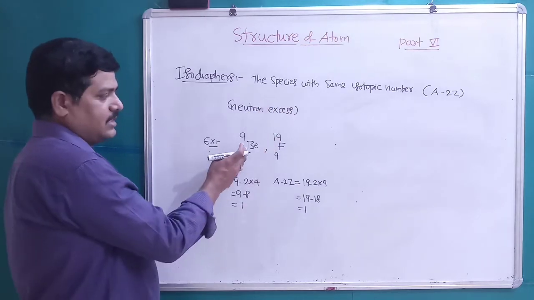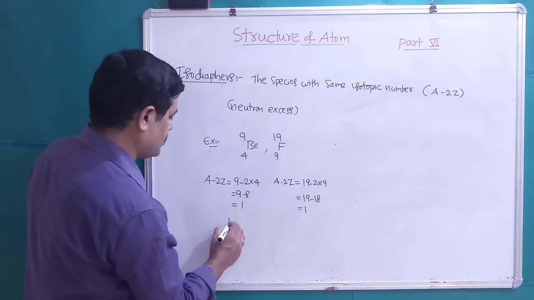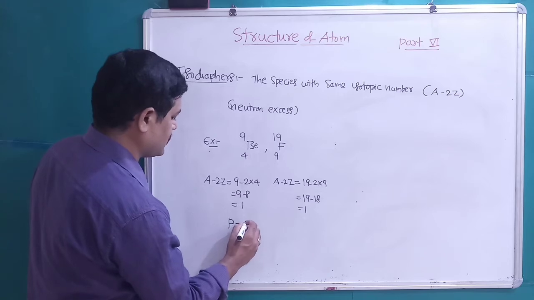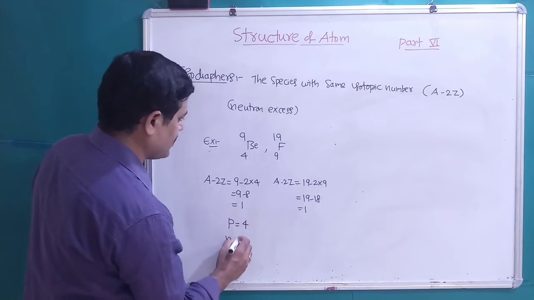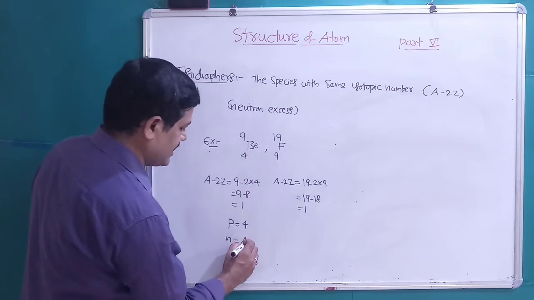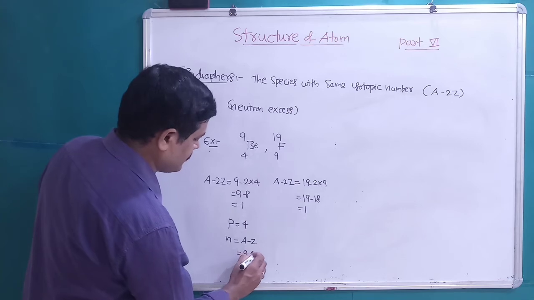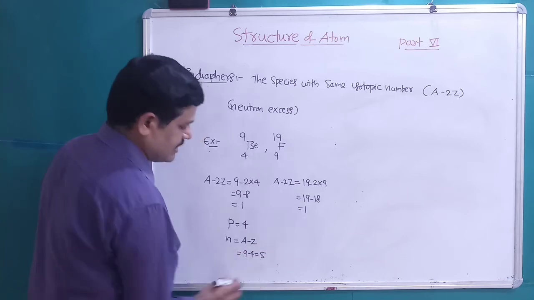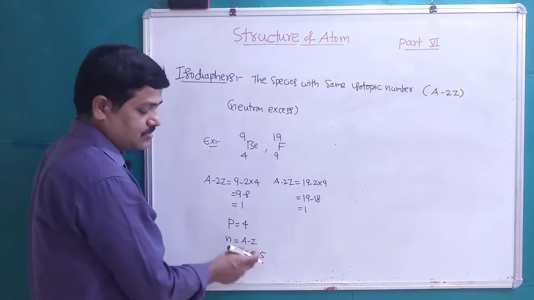So students, here when the atomic number is 4, the number of protons is 4. Then the number of neutrons is A - Z, so 9 - 4 is 5. How many excess neutrons compared with the protons? Only one.